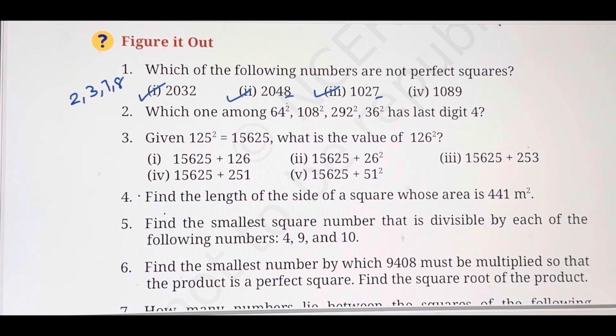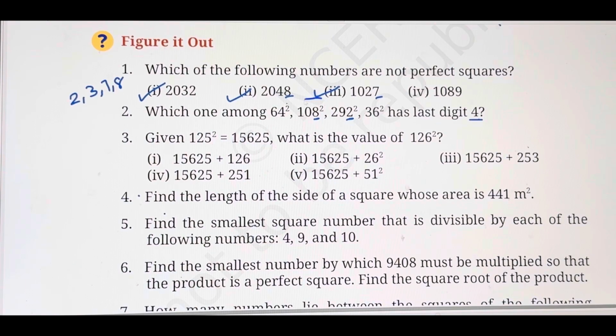Question number 2. Which one among 64 square, 108 square, 292 square, 36 square has last digit 4? Now again you remember we had learned that if the last digit of the number or the square root is 8 or 2, its square will have 4 as the last digit, because 8 8s are 64 and 2 2s are 4.